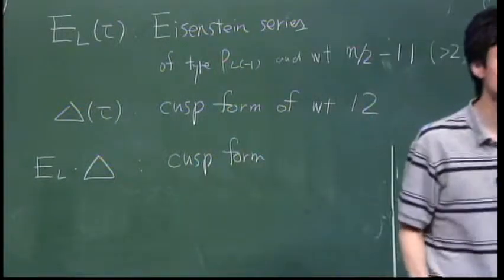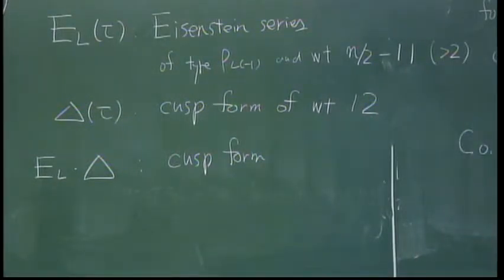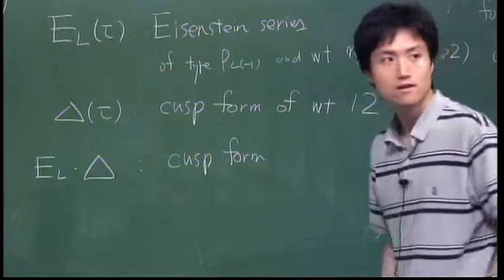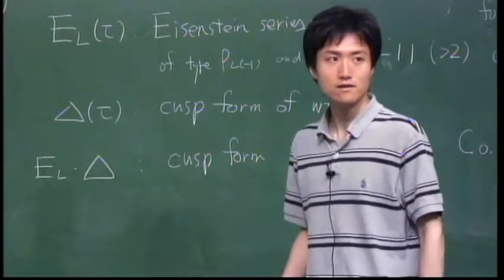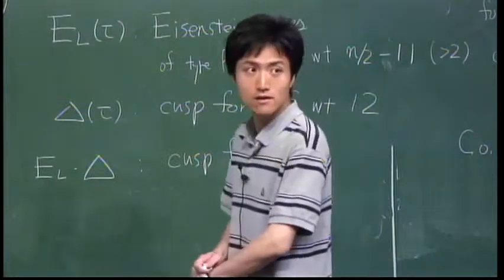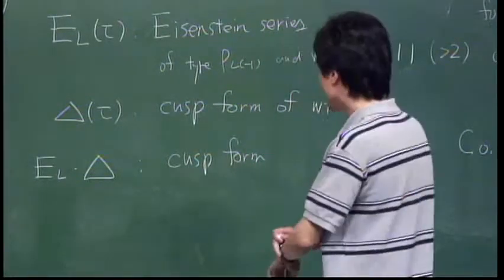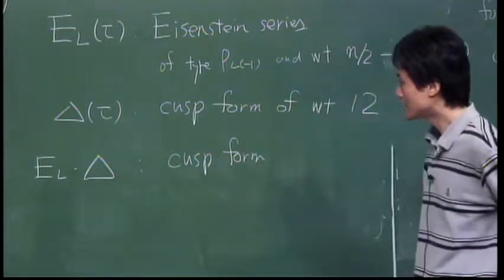Sorry. Yes, I seem to have missed something very elementary. A reflective form is one which vanishes on all the Heegner divisors. Okay.